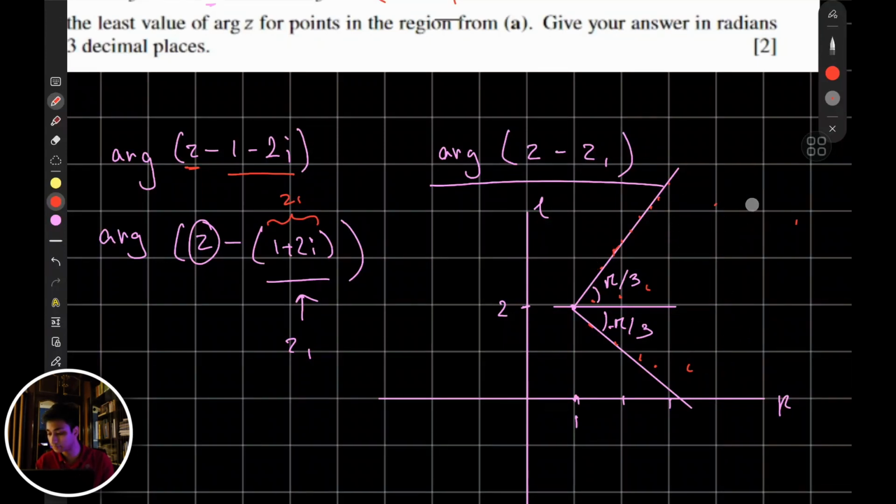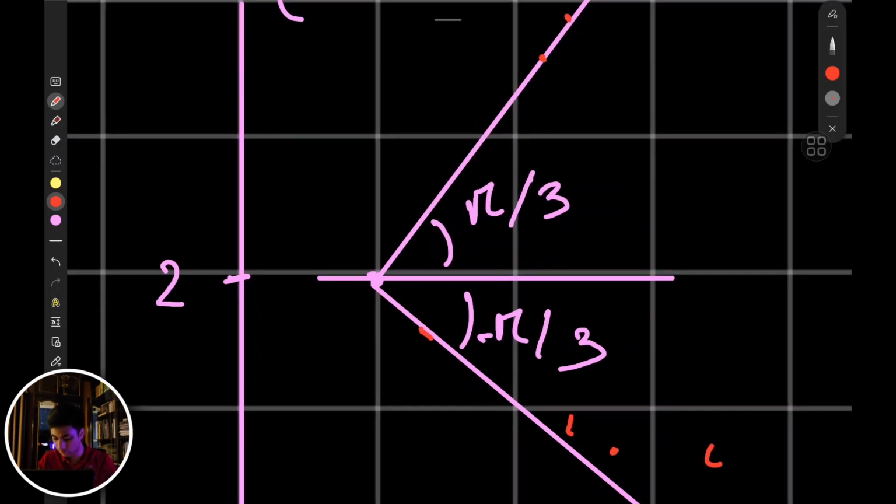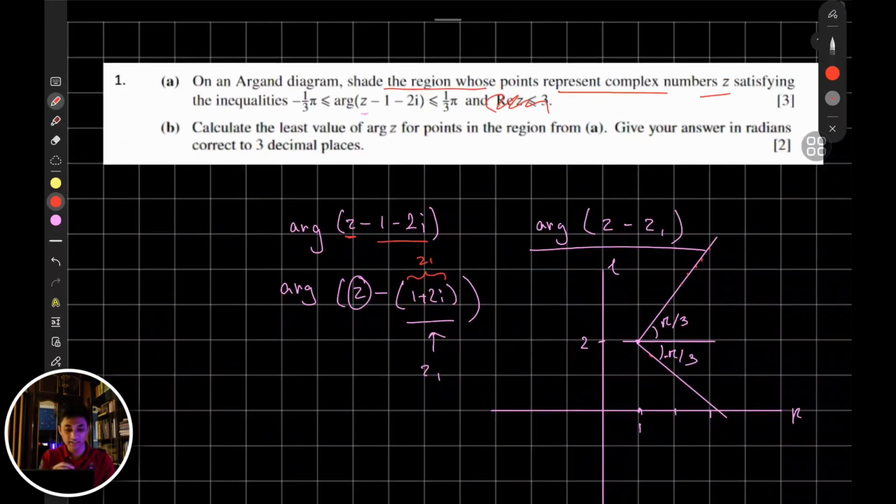let's consider the next limit, which is real part of z is less than 3. They're telling you the real part of the complex value of z is going to be less than 3.